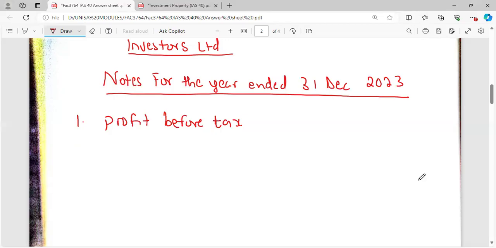Anyone who can? The rental. Yes. Hello? Yes, I can hear you. Yeah, it's the rent income. The rent income. Yes, the rent income is going to be part of the profit before tax.